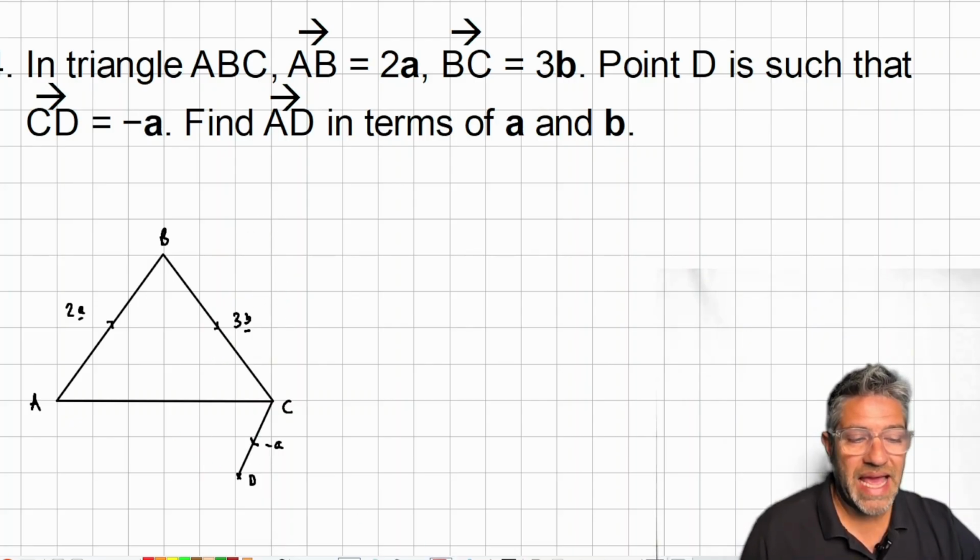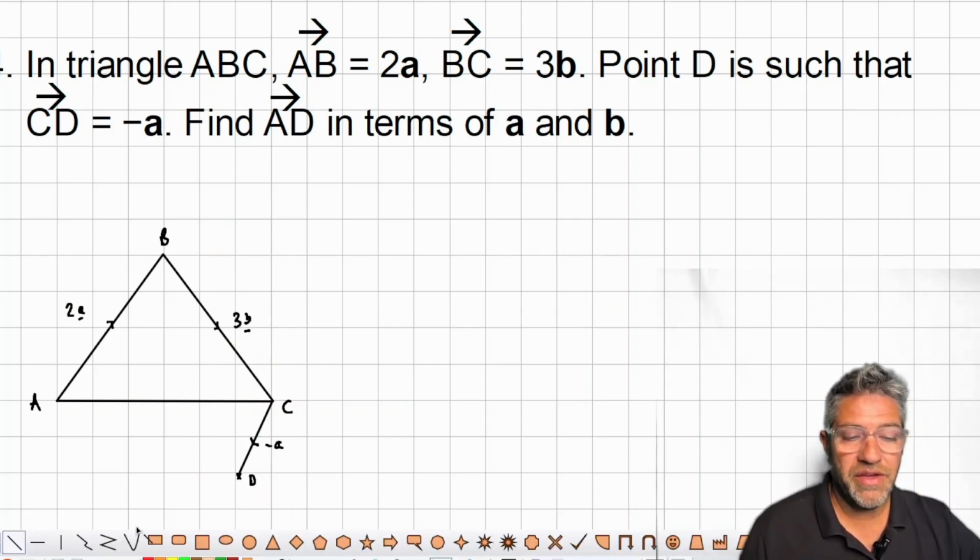So we need to find A to D. If I take a different colour, which paths can I walk? I can't walk along this path because that's shut.